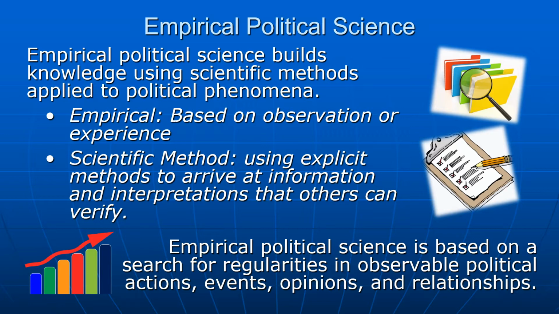So empirical political science says we think that there are some regularities in society and in politics, and we're going to try to identify those and think through the hard questions about how to carefully evaluate whether those ideas and actions are actually regular, and what kind of relationships there are between different factors that are of interest to us.